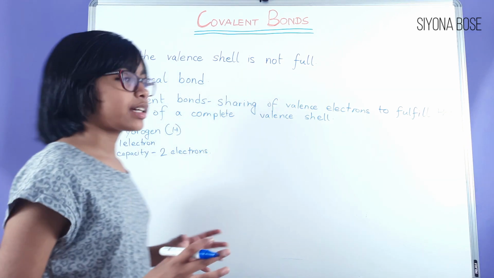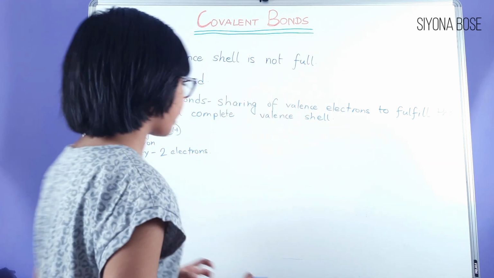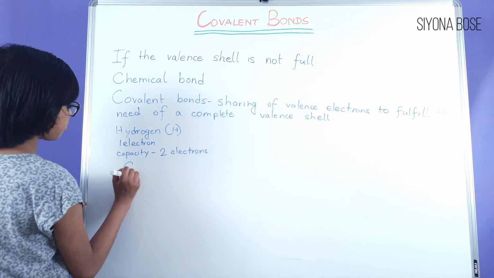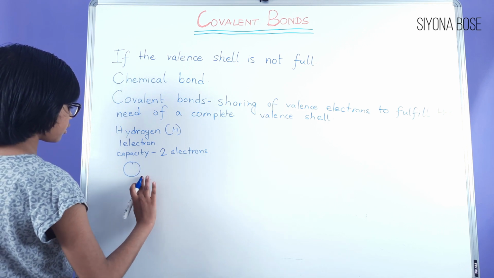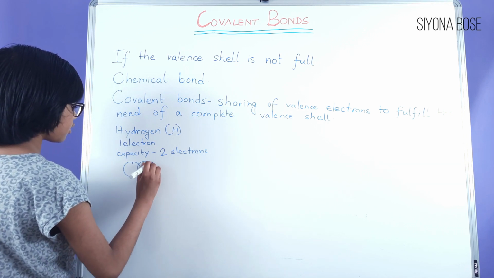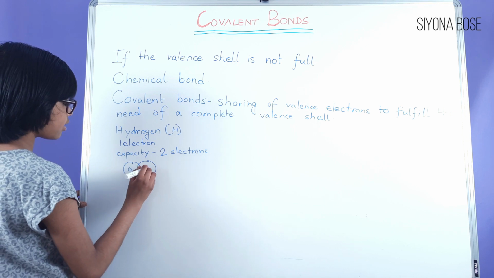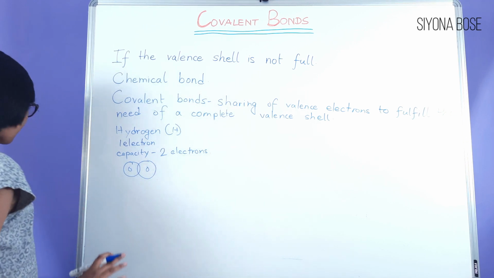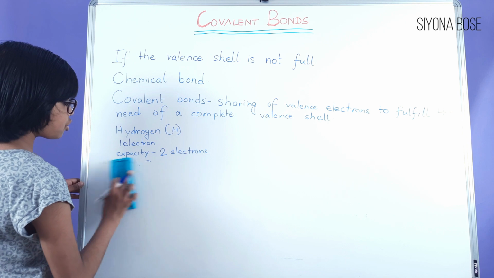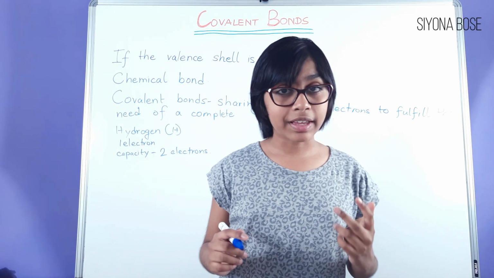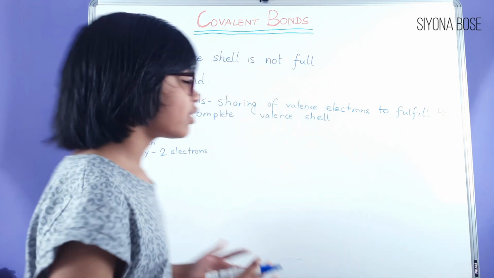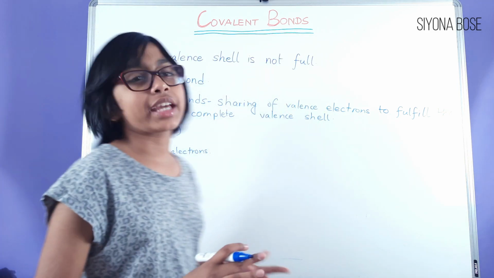So when another hydrogen atom comes along, they both overlap to fulfill the need of 2 valence electrons in both of those hydrogen atoms.